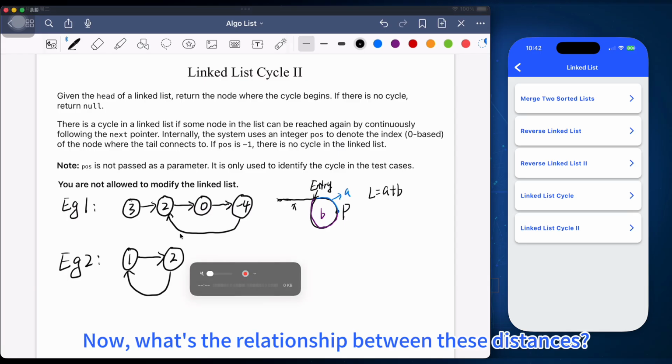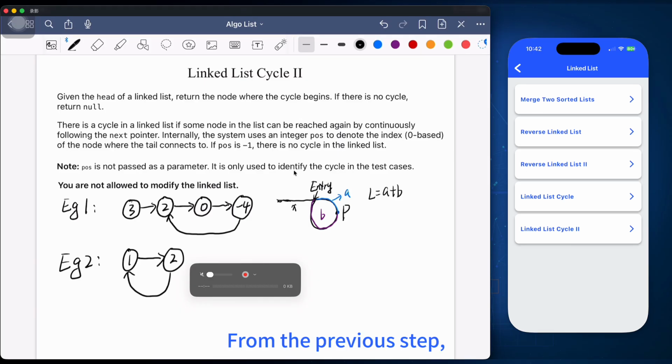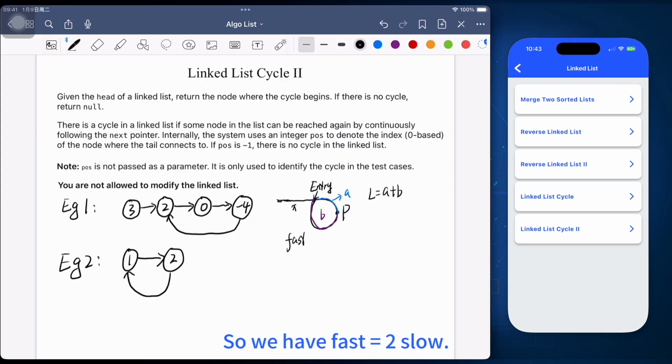Now, what's the relationship between these distances? From the previous step, the circle detection step, we already know the fast pointer moves twice as fast as the slow pointer. So we have fast equals twice slow.